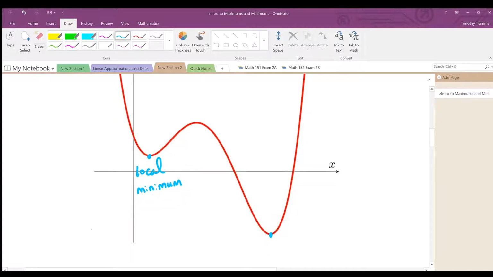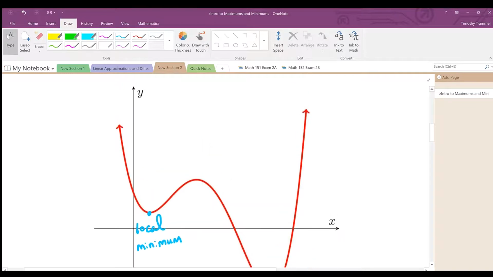While this other one that's lower than all the other y values, this is called an absolute minimum. Sometimes in place of the word absolute, you'll see the word global. So sometimes they'd say a global minimum.